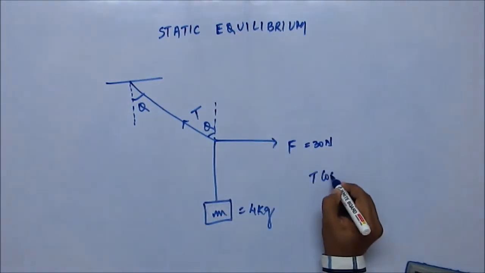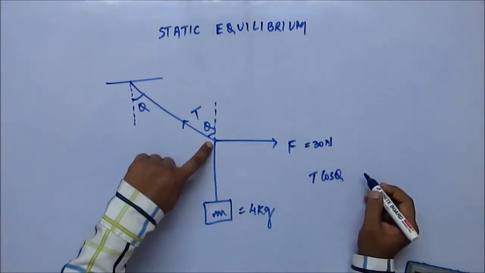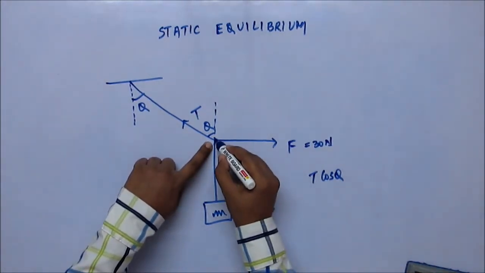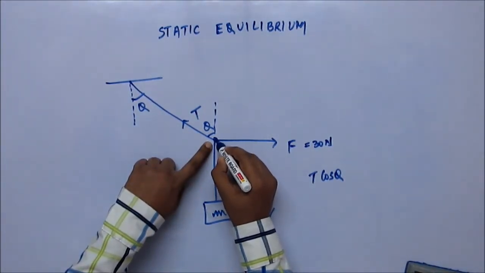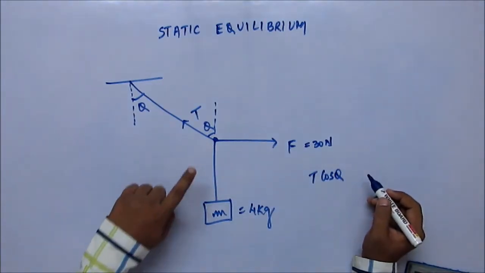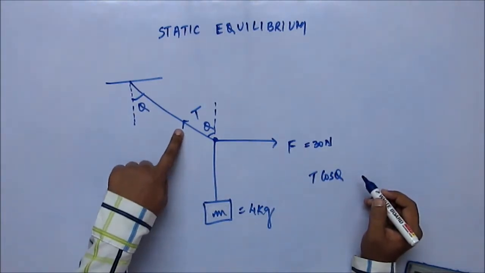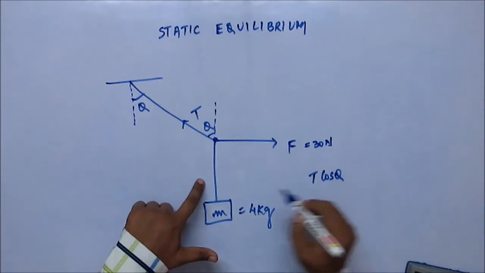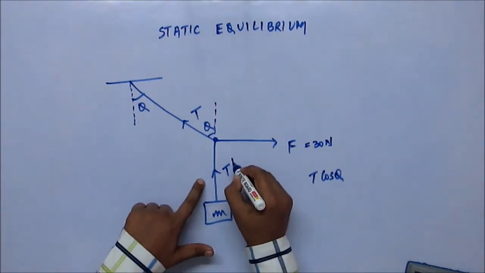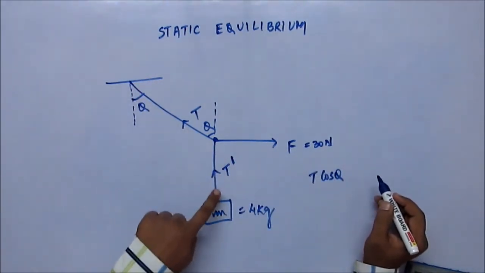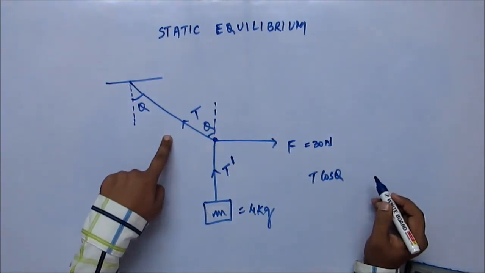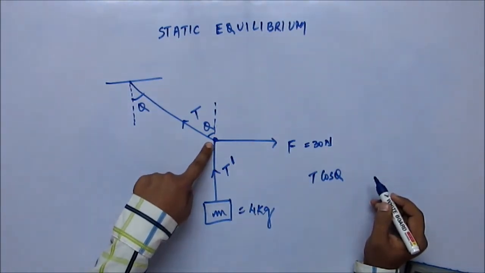So T cos theta, I'm writing the equation of equilibrium of this knot here, this point mass here. If the tension in this rope is T, then the tension in this rope is T dash. I told you this is the same rope, but the tension in this case will not be the same because there is a knot here.